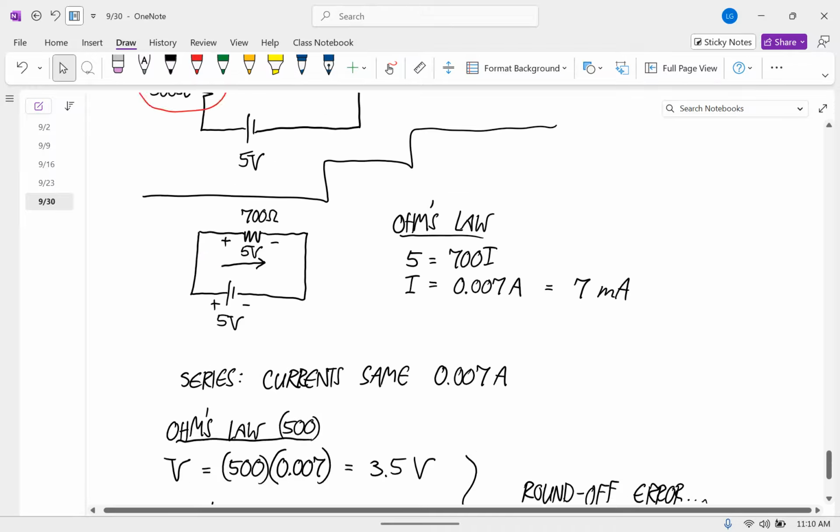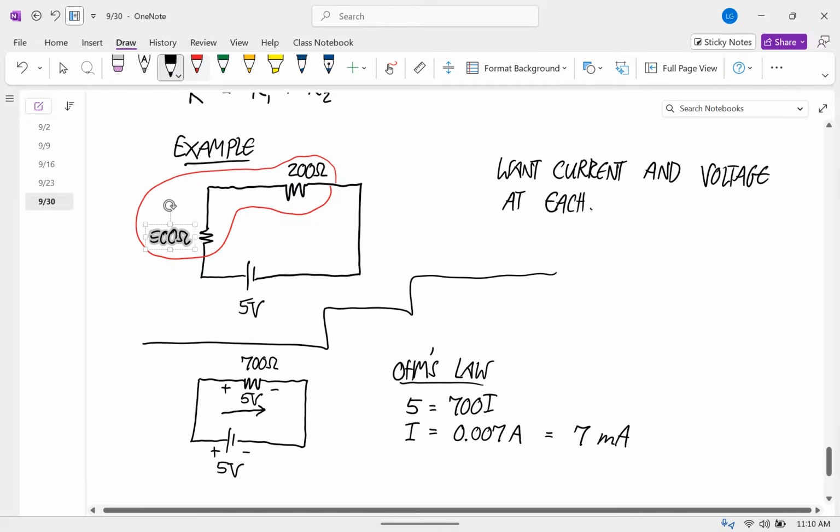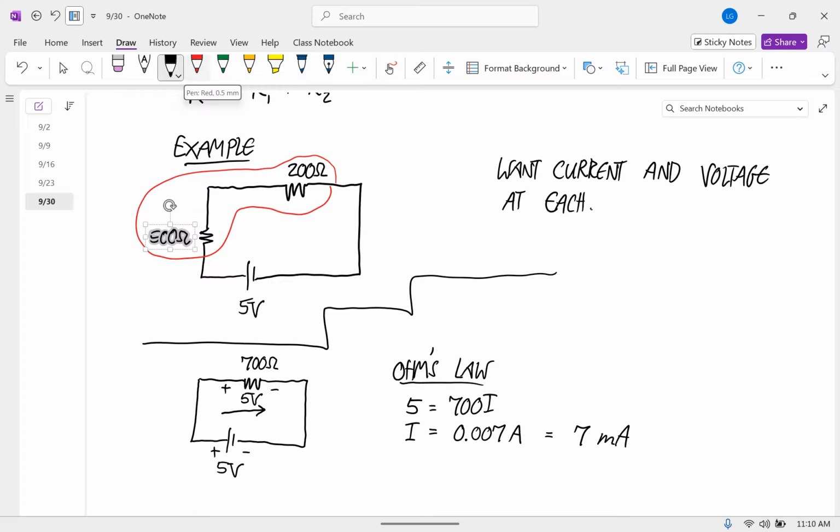So what we figured out is that there's about 3.5 volts across the 500 ohm resistor and about 1.4 volts across the 200 ohm resistor. Any questions about that?